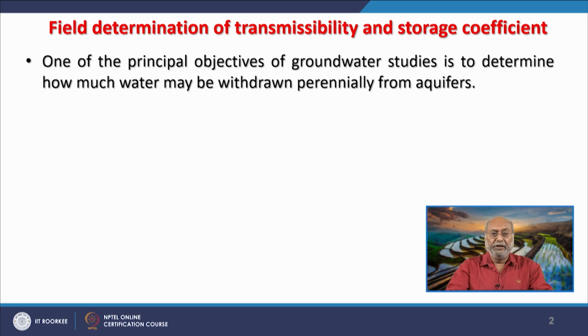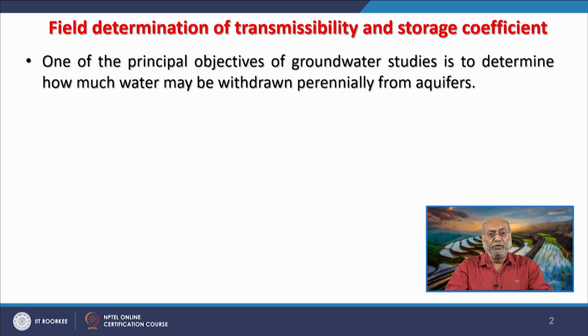So, let us start with this: the major concern in groundwater studies is always to know that whatever aquifers we will be tapping for groundwater supply, or for irrigation or drinking or whatever, the aquifer should provide water as and when we want. That means it should provide water perennially.